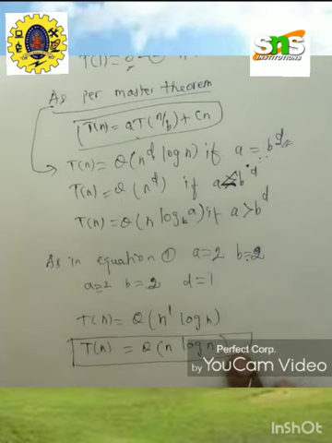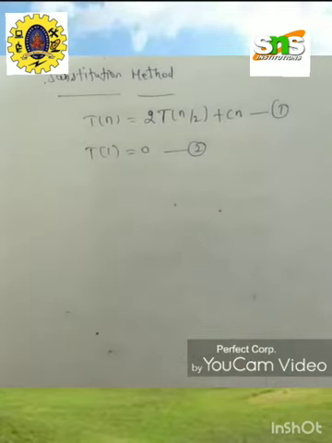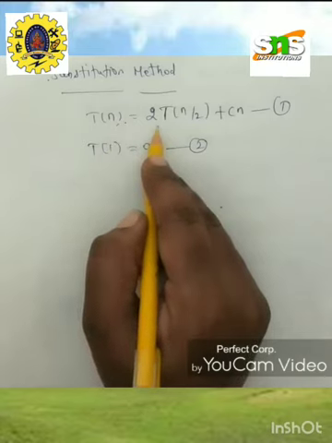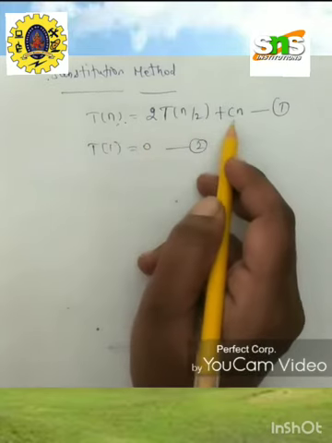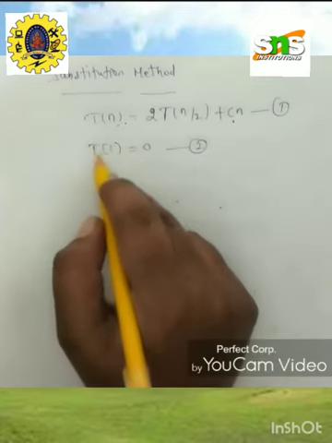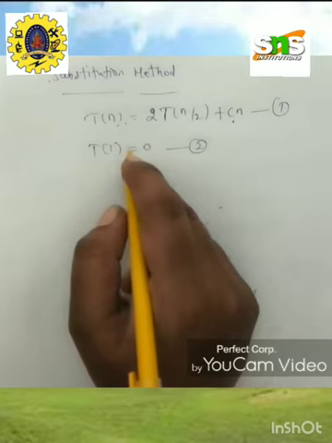Okay, so we move to the second method, called the substitution method. T of n is equal to 2 into T of n by 2 plus cn. We already framed these two equations in the master theorem itself, and we are going to prove this in the substitution method.